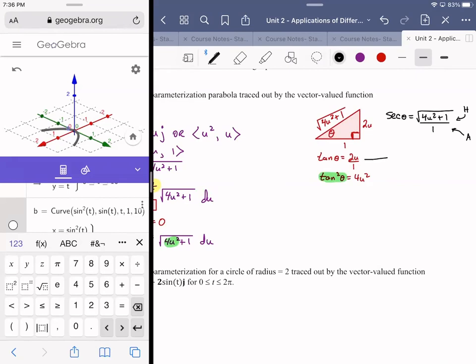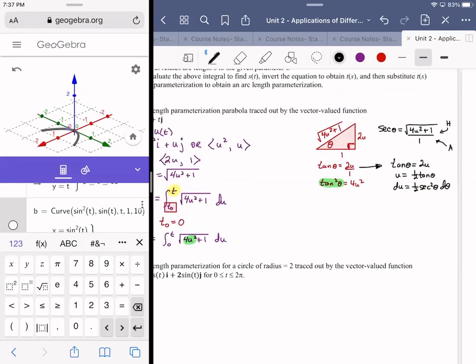So if we can do that, then we'll be kind of off to the races here. So I'm going to need to take a derivative here. I think this is the best candidate. Tangent theta is equal to 2u. So secant squared theta, well, you know what? Let me solve it for you first. Make it as easy as possible. u would be equal to 1/2 tangent theta, which would make du equal to 1/2 secant squared theta d theta.